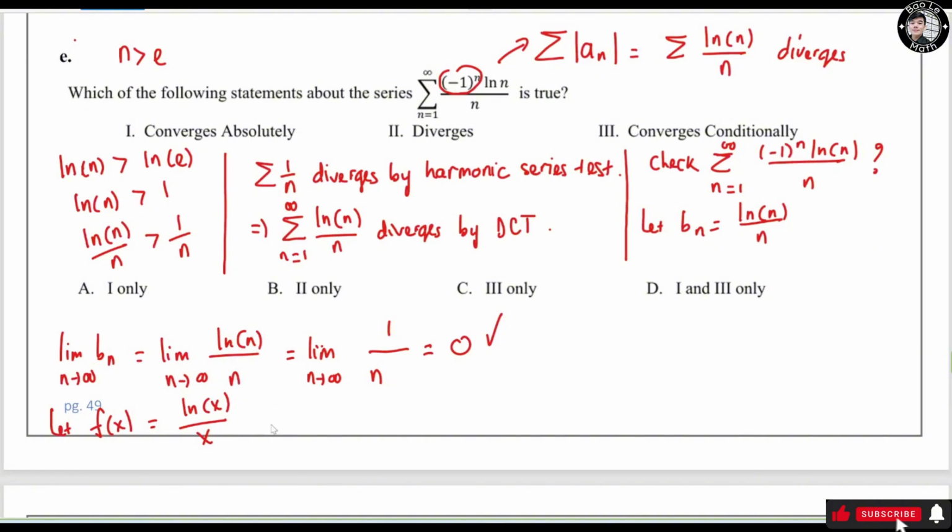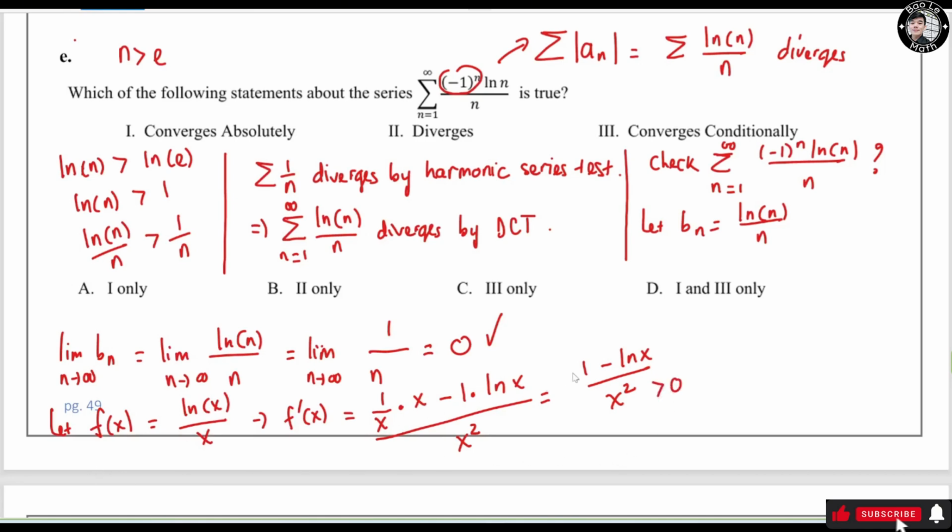Now we're going to take the derivative of this one, so f prime of s equals, using the quotient rule, derivative of ln s, which is 1 over s, times s, minus derivative of s, which is 1, times ln s, over s squared, right? So we simplify, it's going to be 1 minus ln s over s squared, right? The bottom is positive, right?